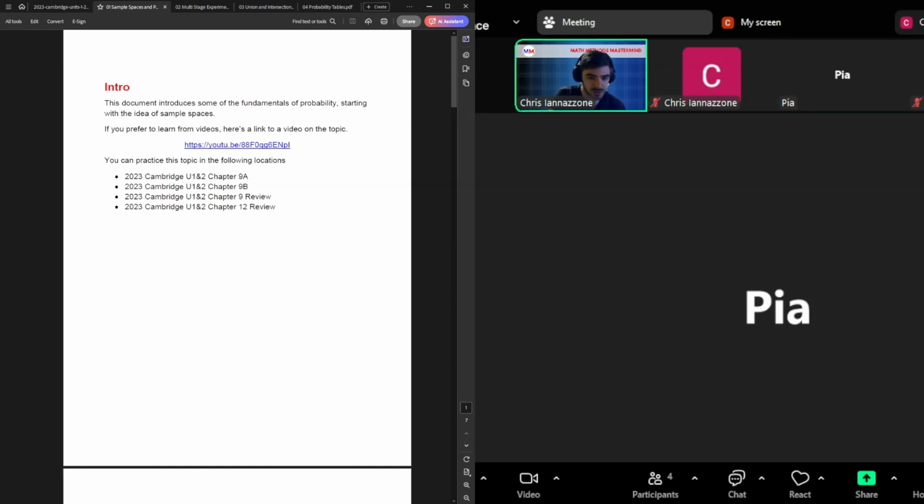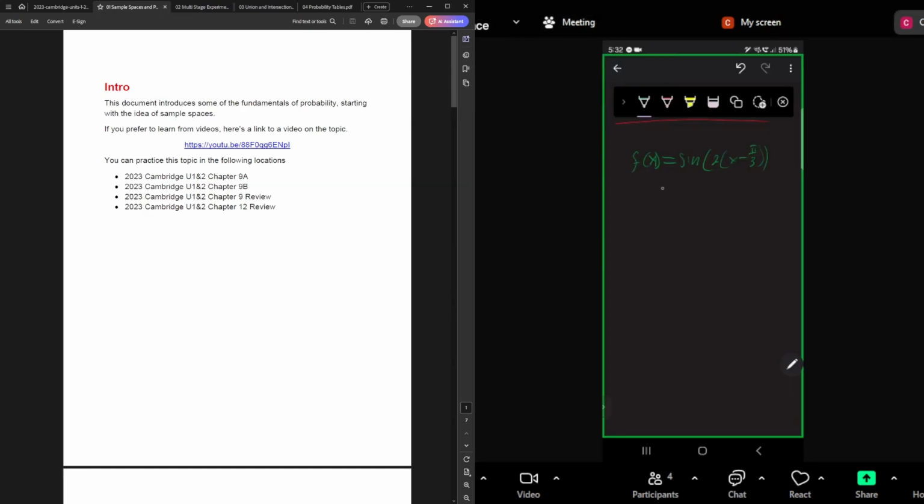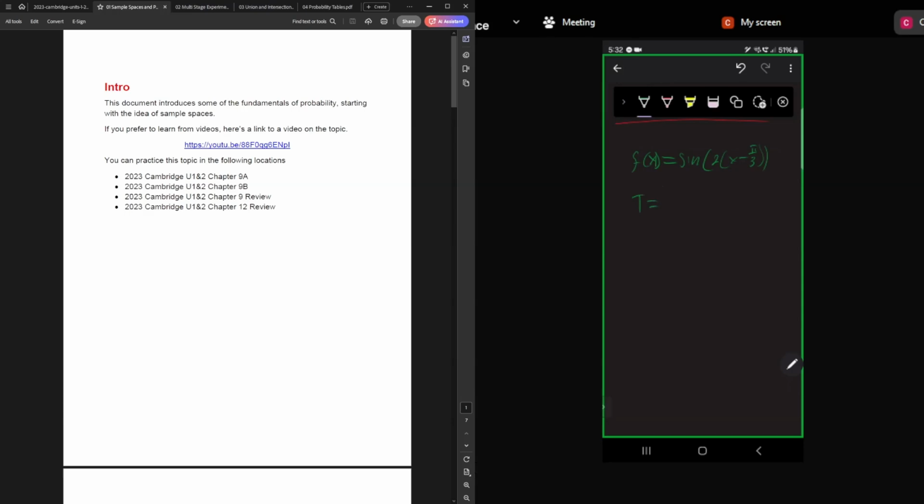Yep, period and amplitude for sure. So period, how do we calculate period? 2 pi over n. Yeah. And what's our n value in this case? Would it be 1? So the n is going to be that there.